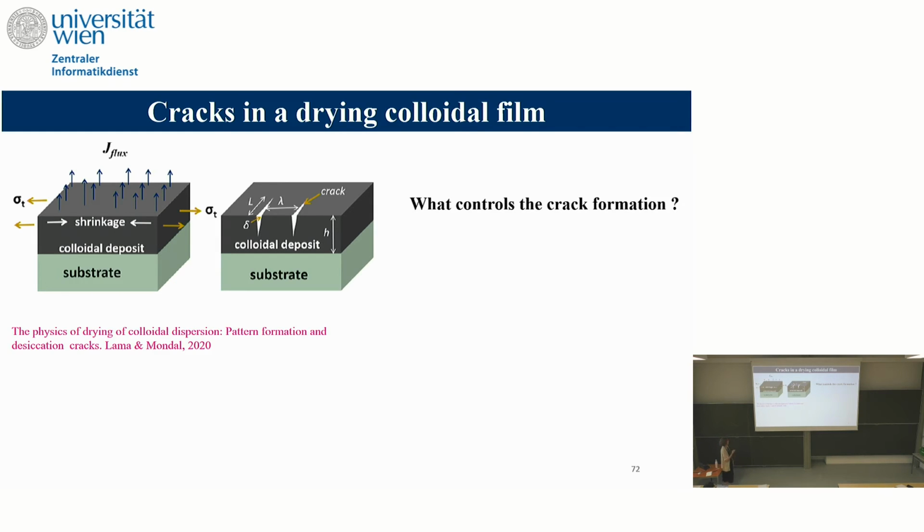So you have a substrate, and you have your gel on top of the substrate. You have to assume that you have strong adhesion between your substrate and the gel. So when it evaporates, you have water coming out. Since you have a strong adhesion between the two, you have some tensile force. The sample wants to shrink, but then it is attached, so you have some tensile stress here.